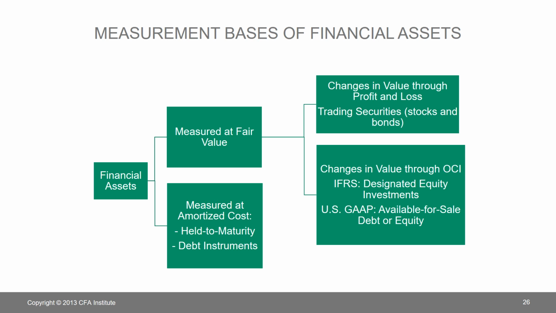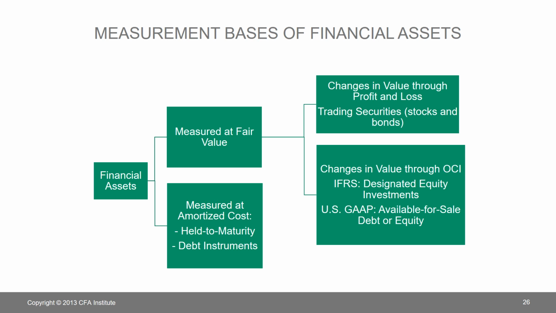Financial assets are measured at amortized cost if the asset's cash flows occur on specified dates and consist solely of principal and interest, and the business model is to hold the asset to maturity, and this category of asset is referred to as held to maturity.